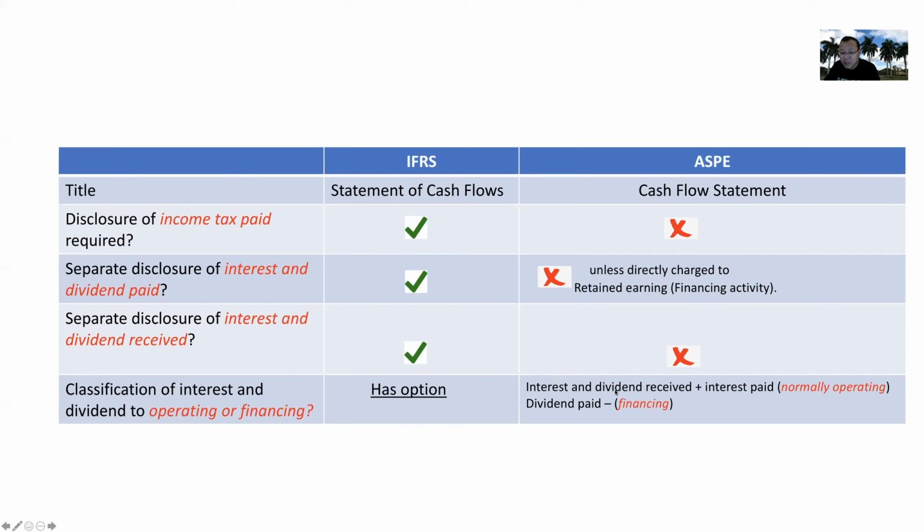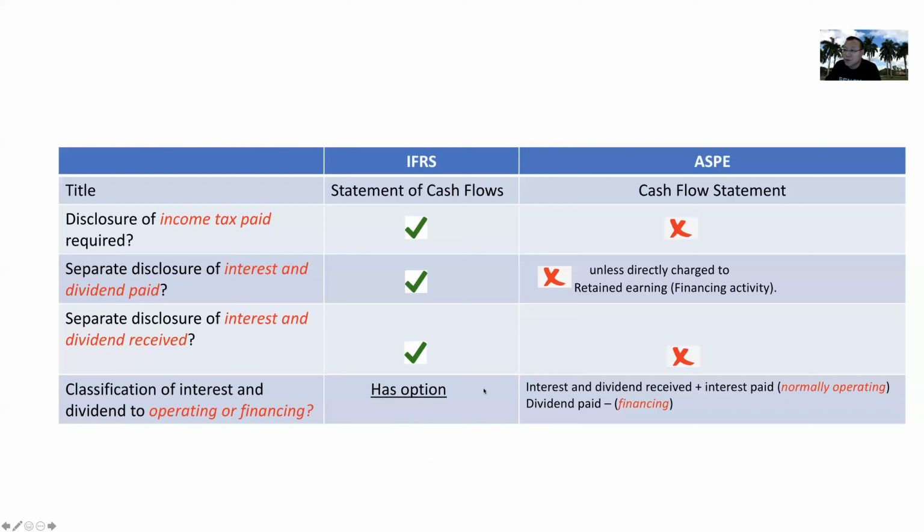Under ASPE, the dividend and interest received, the income, plus the interest paid, are normally presented under operating activities. The dividend paid is under financing activities. So under IFRS, there is flexibility.